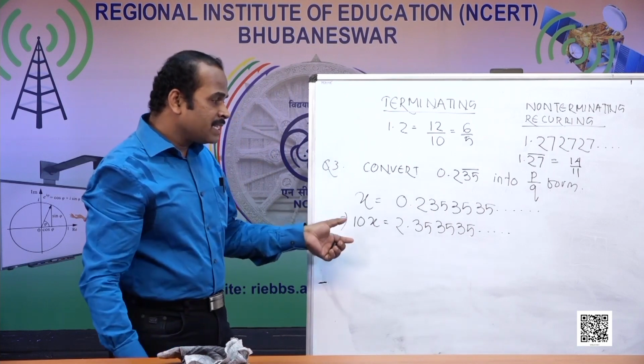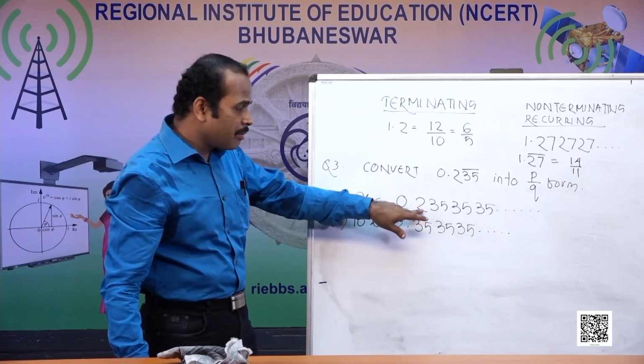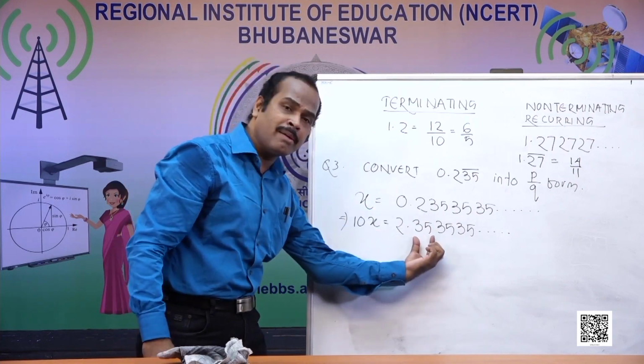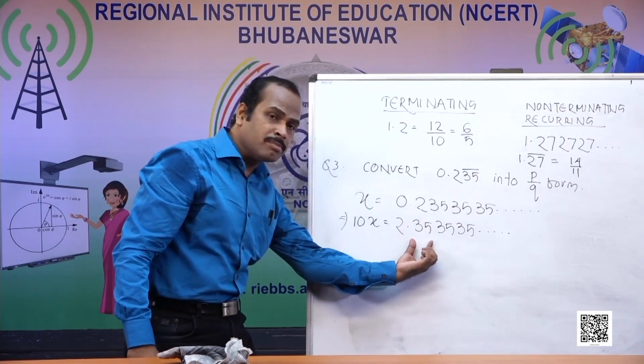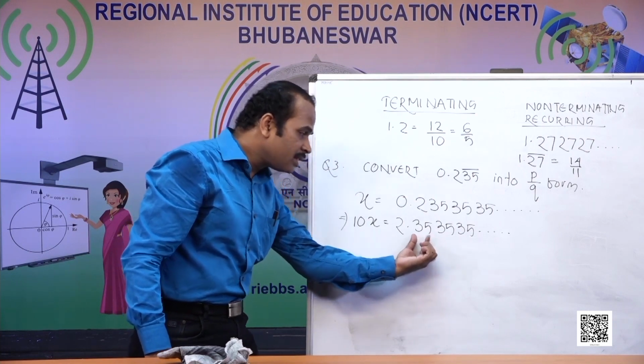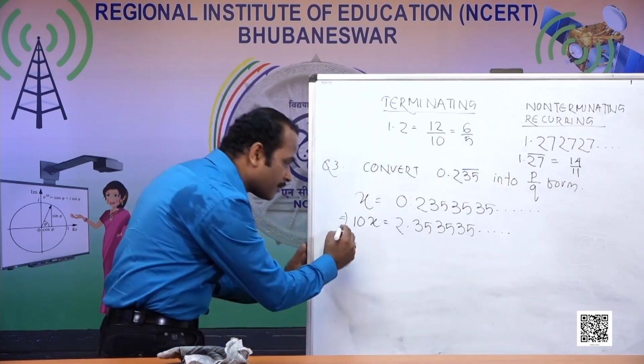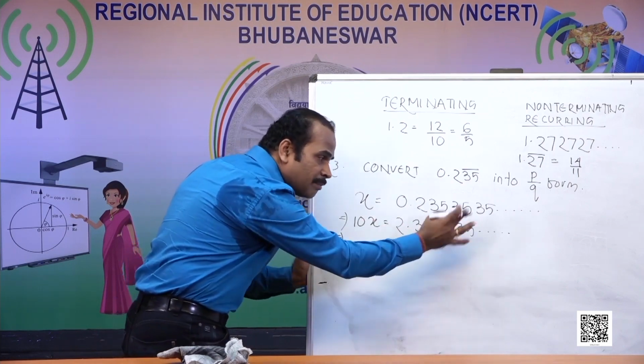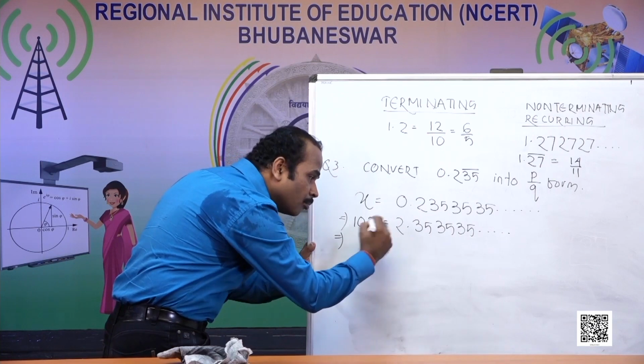Then how many digits are repeated? In the first term, I will find how many digits are repeated. In 353535, 2 digits are repeated every time. So let us bring these two digits to this side by multiplying by 100 more. So when 10x is equal to 2.3535 bar, you multiply by 100 more.